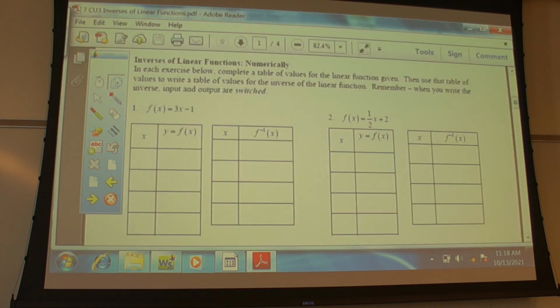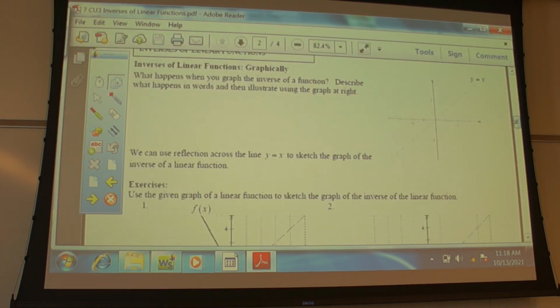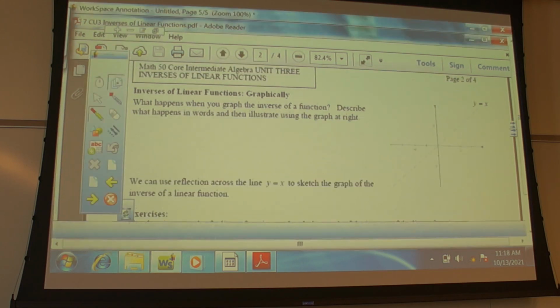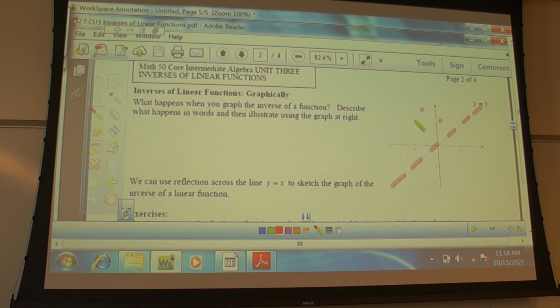Great. All right, we're just giving you guys some practice with the process. And remember what happens graphically? They get reflected across this diagonal line, y equals x. Right? Remember we saw that before. We did some of that reflection stuff, and we saw that a point that was here ends up over here.